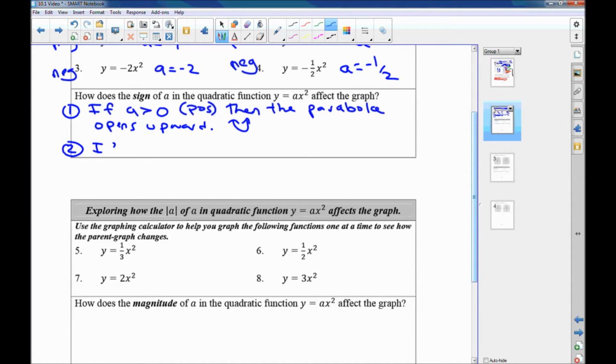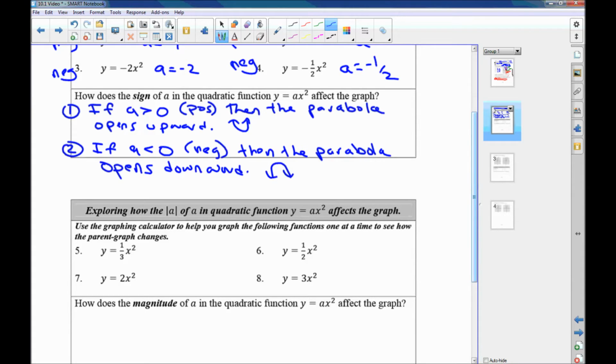Number 2, if a is less than 0, this is a negative value of a, then the parabola opens downward. So this makes a frowny face. Okay, if a is positive, opens up. A is negative, opens down.